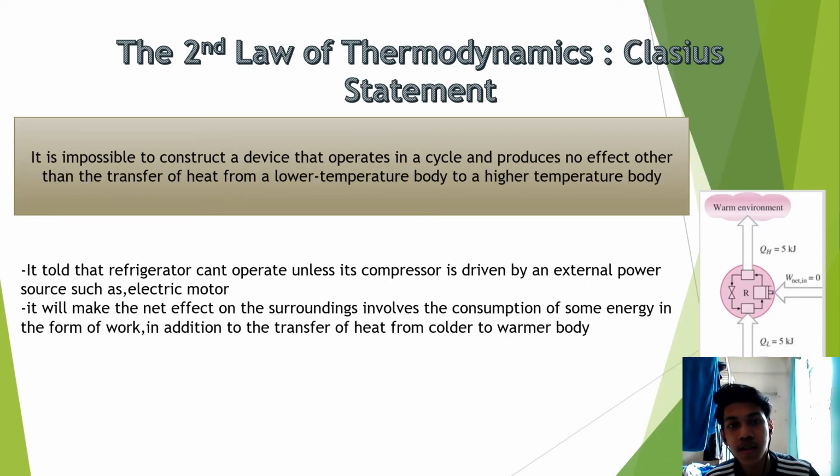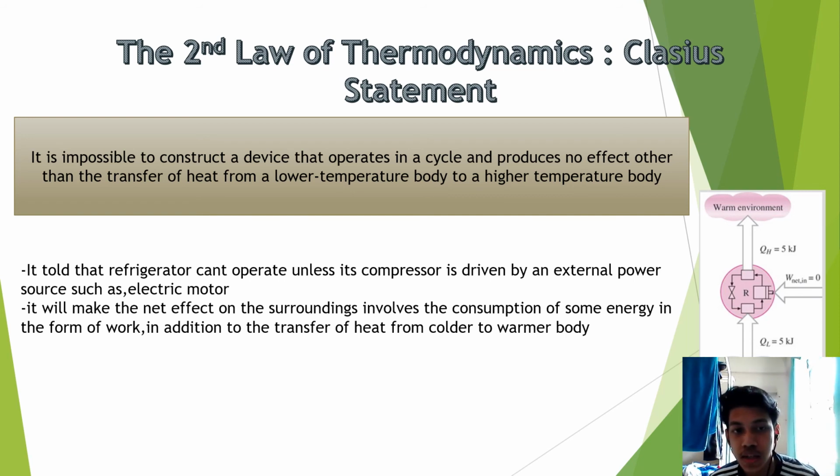Next is the second law of thermodynamics, which is the Clausius statement. Clausius states that it is impossible to construct a device that operates in a cycle and produces no effect other than the transfer of heat from a lower temperature body to a higher temperature body.